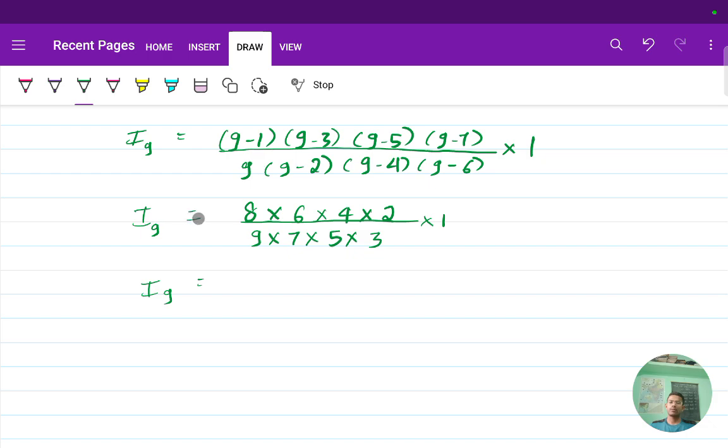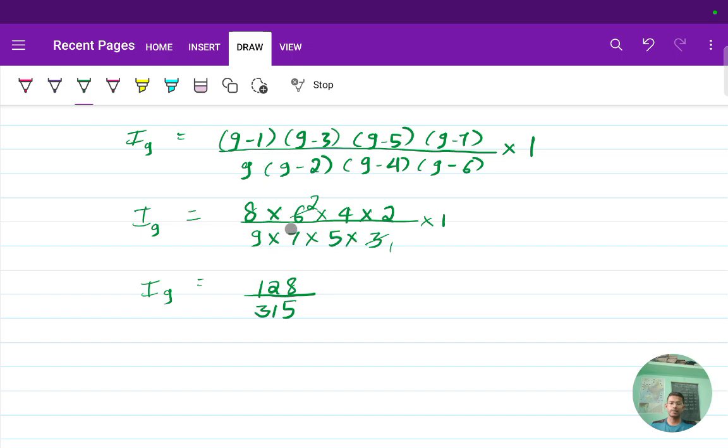Which is equal to, we can cancel: 3 ones are 3, 3 twos are 6. Then 8 twos are 16, 16 twos are 32, 32 fours are 128. 128 divided by, when we multiply all these things, we get 315.